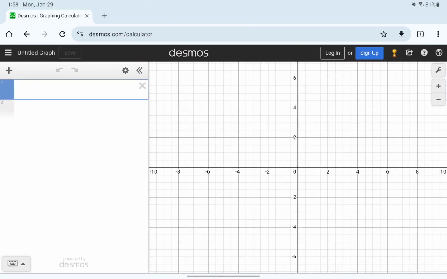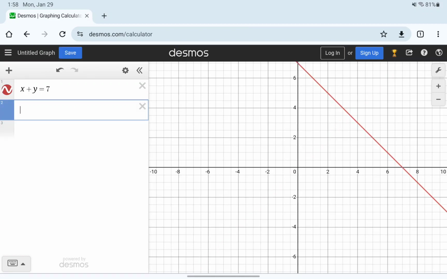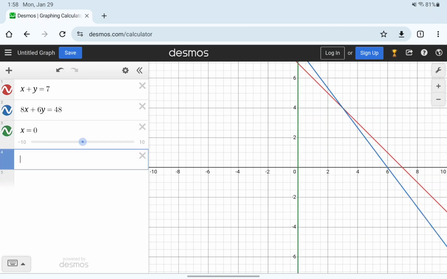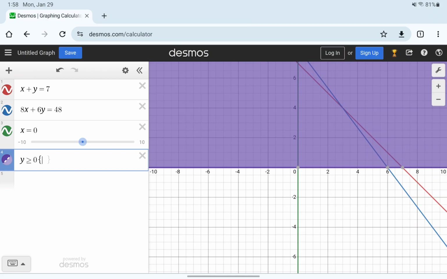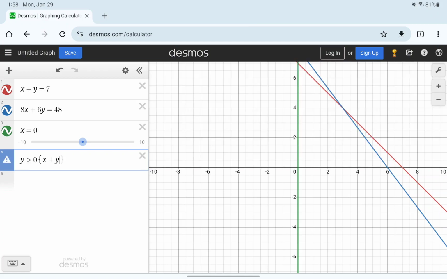Flipping over to Desmos, we can graph our system. Using that method with the curly braces to nail down our shaded region.